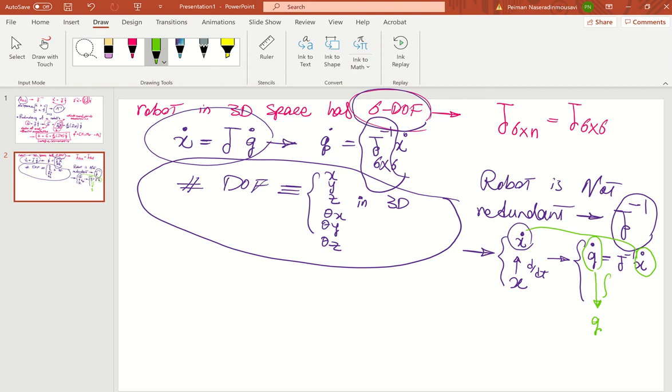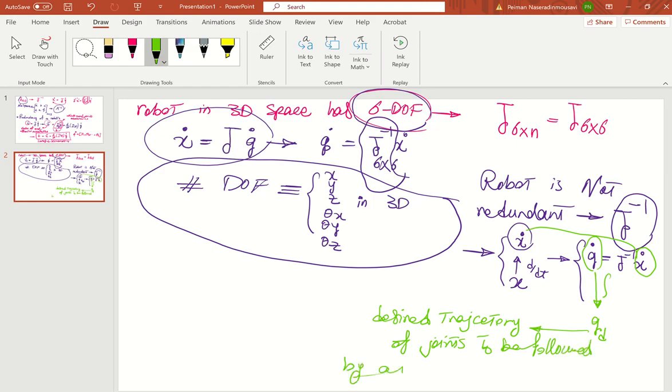Now you have the desired trajectory of the joints to be followed by a proper controller that I was teaching in the graduate control and linear system theories, right?